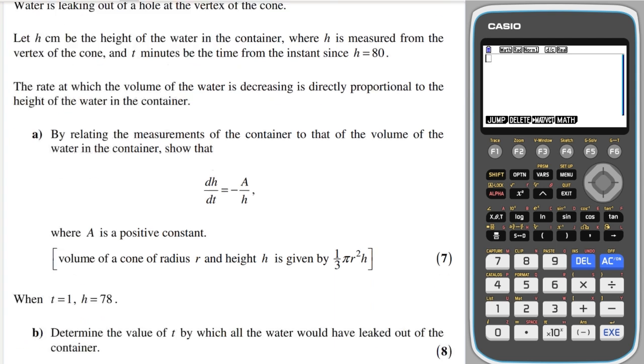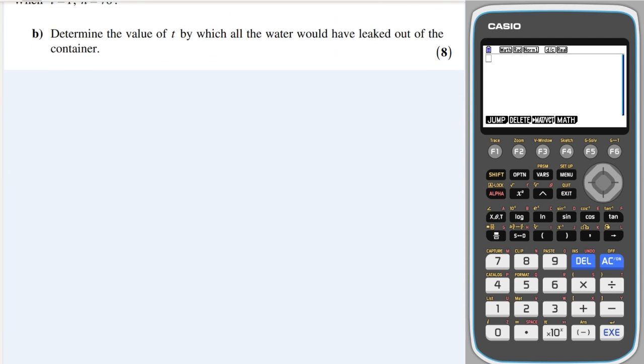Okay, first off, I just want to draw a quick diagram. So it's going to look something like this. And I'm going to show you the little secret to this question. So we have a radius of 20 and we have a height of 80.